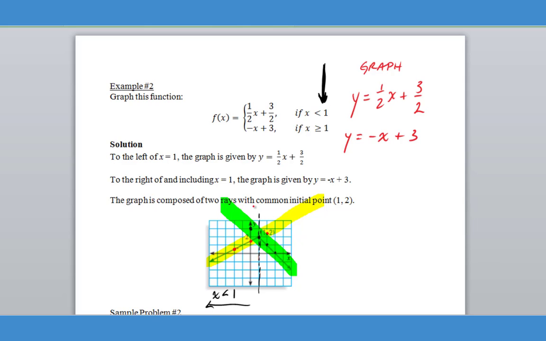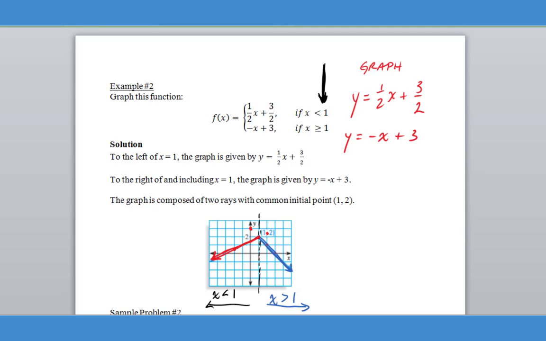So I need to graph the part of the line that is on this side of that line, and I can erase that highlighted part. Then I need to graph negative x plus 3 for all of the x values that are bigger than 1. That's everything on this side of the line. So I only really need to graph this part right here, and I can get rid of this highlighted part.